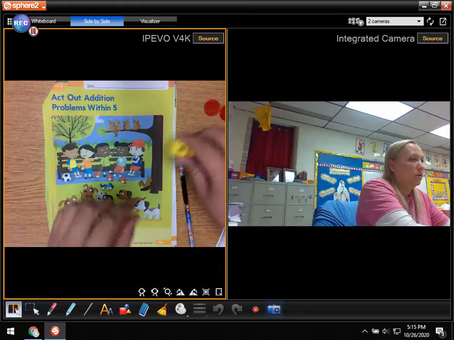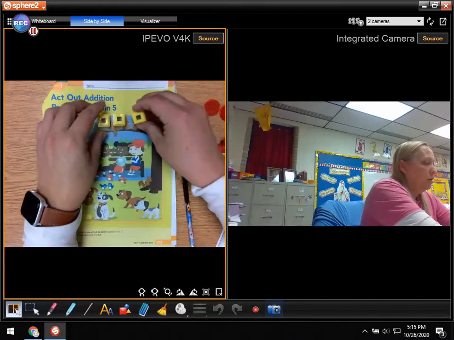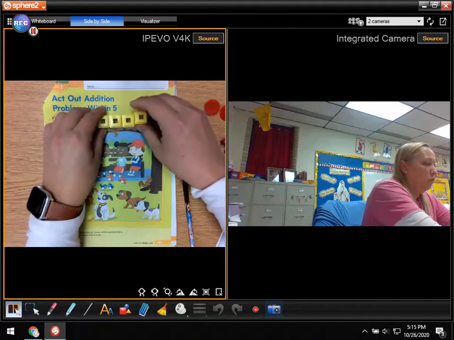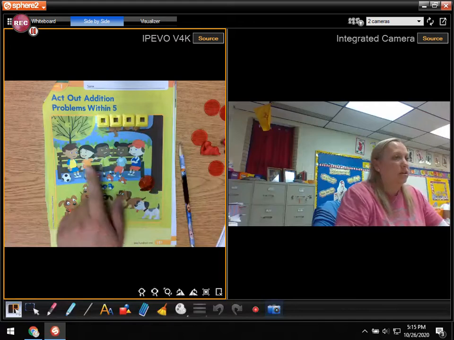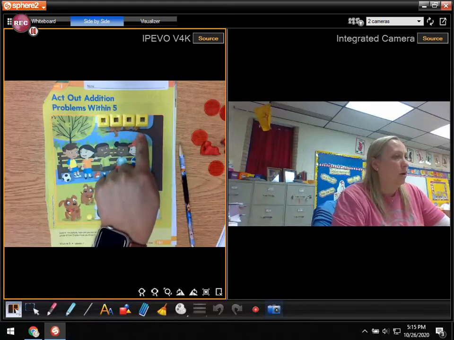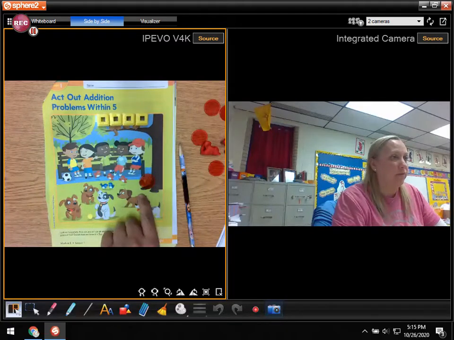Or we can even use our little cubes here. If I have 1, 2, 3, 4 squirrels here, and 1 down here, so that's 4 and 1 equals 5, okay?